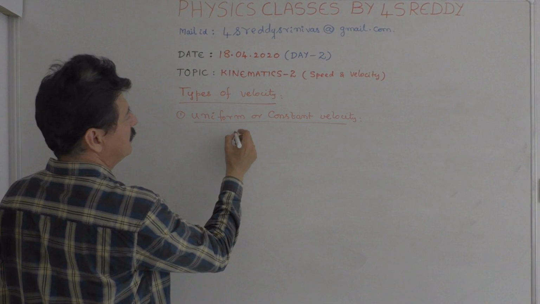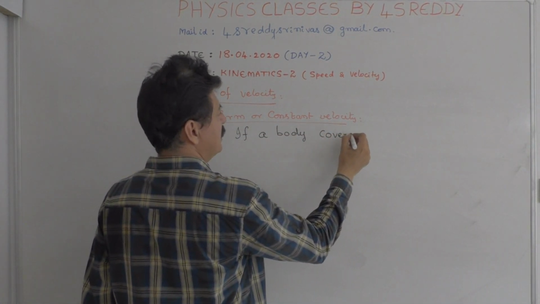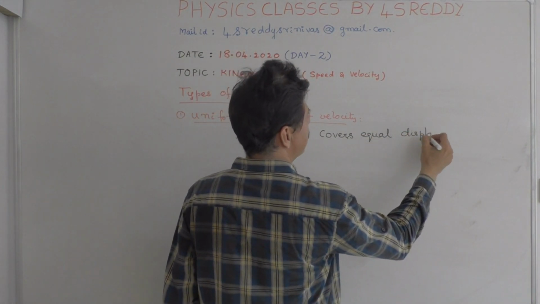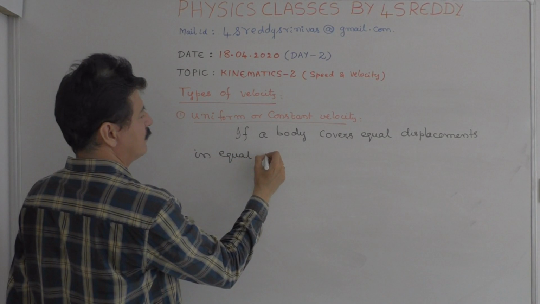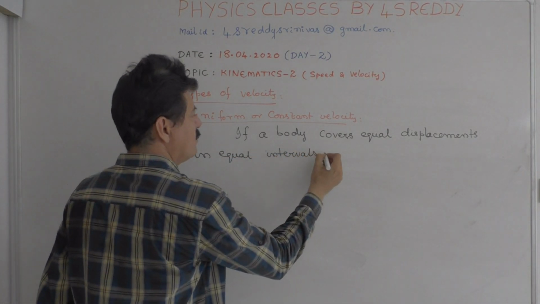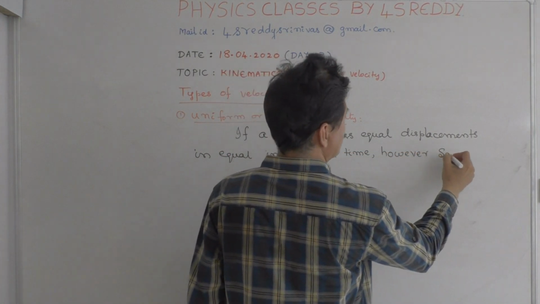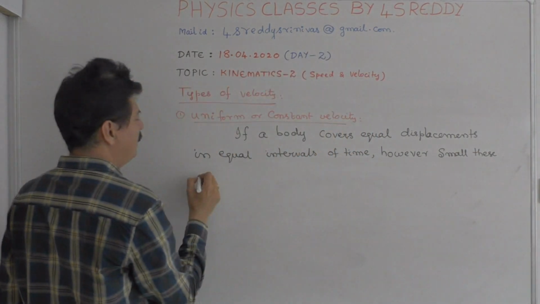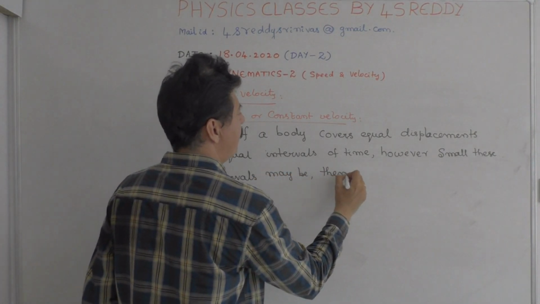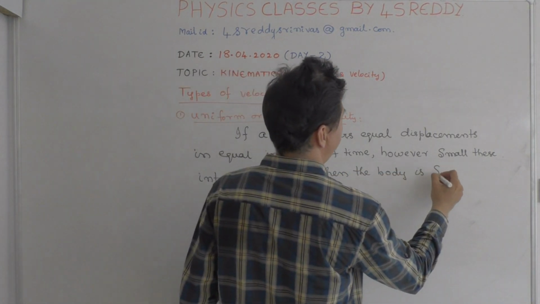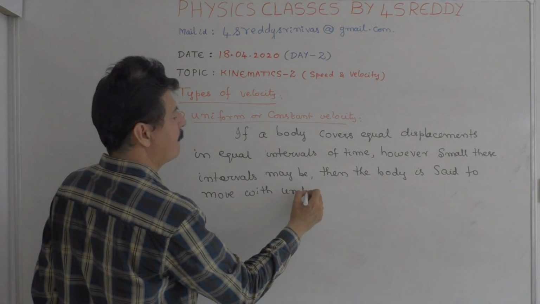So, if a body covers equal displacements in equal intervals of time, however small these intervals may be, then the body is said to move with uniform velocity.